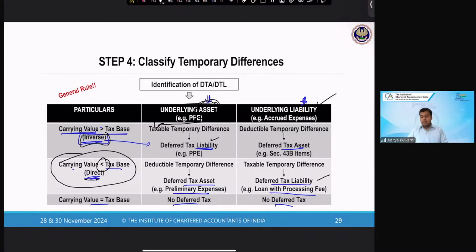Otherwise, by-hearting this table and going will hardly help you if you don't do the job of practice on the ground. Okay, so please practice the questions so you will understand. Is it okay? Yes. All right.